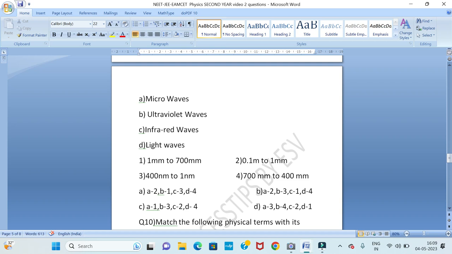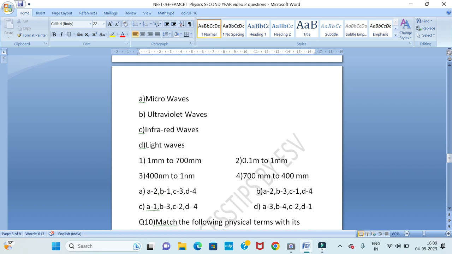It is you, I am high, you are some low value. Like that you can remember. So my means I myself. Microwaves are greater. So 0.1 meter to 1 millimeter. This is 0.1, this is 1. Like that we can remember.